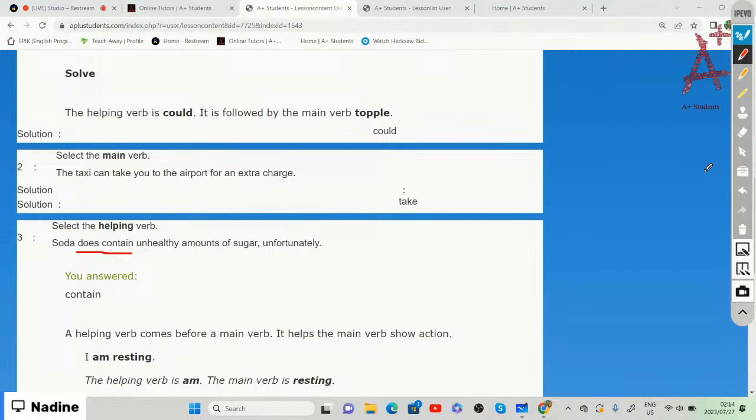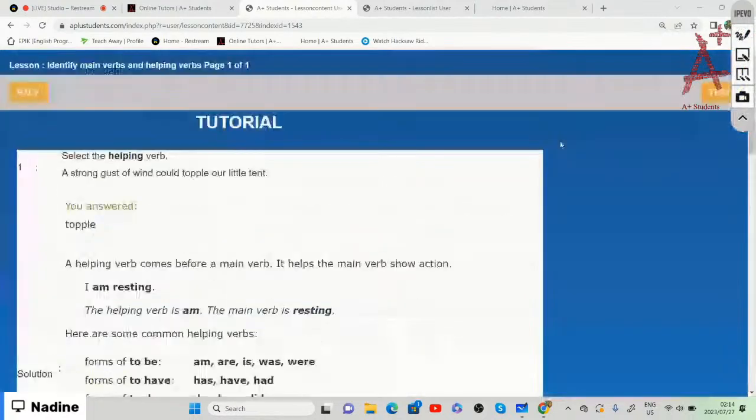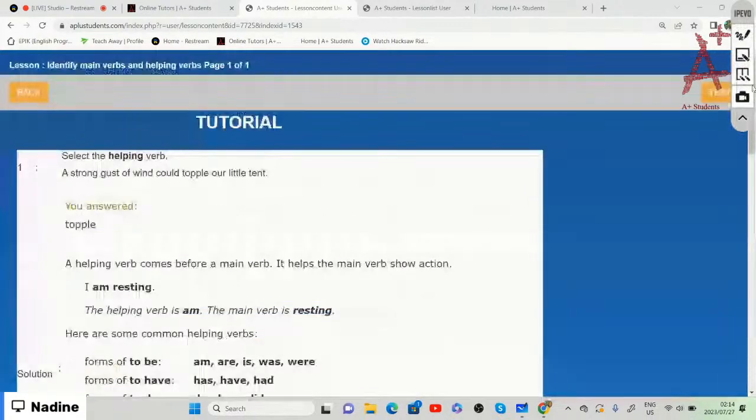Sometimes you will find a word that is between, let's say, the helping verb and the main verb. All right, so does is our helping verb and contain is our main verb.